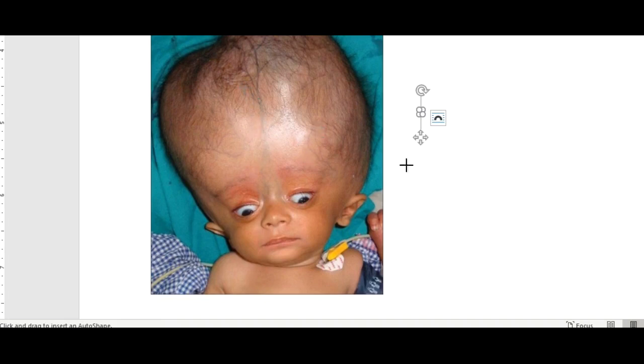We can also see the sun setting sign. See, the eyes are looking downwards, so this looks like the sun setting down, so this is the sun setting sign. And we have the cracked pot or Macewen sign also seen. So this is about hydrocephalus.